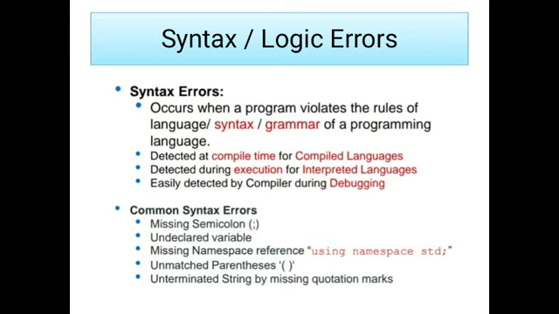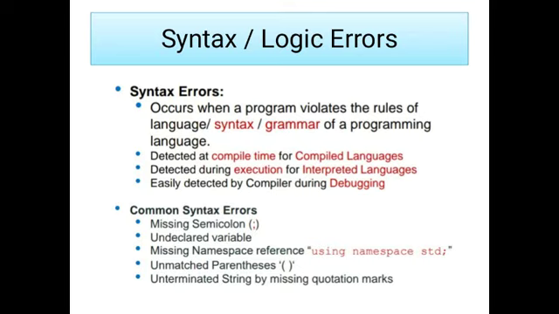They are easily detected by compilers during the debugging process. What are common syntax errors? These might range from a missing semicolon to an unterminated string caused by a missing quotation mark. They can also be an undeclared variable, a missing namespace reference, unmatched parentheses, or anything else.